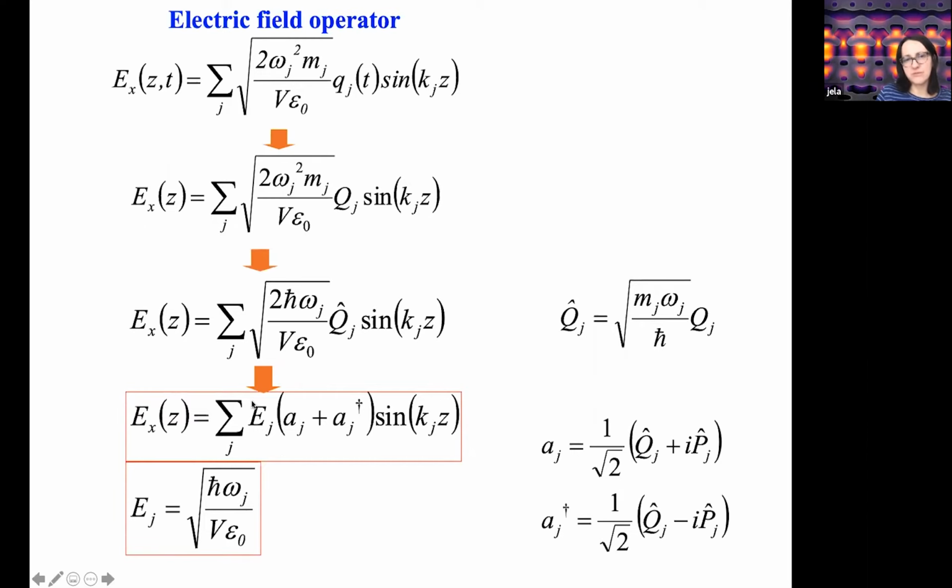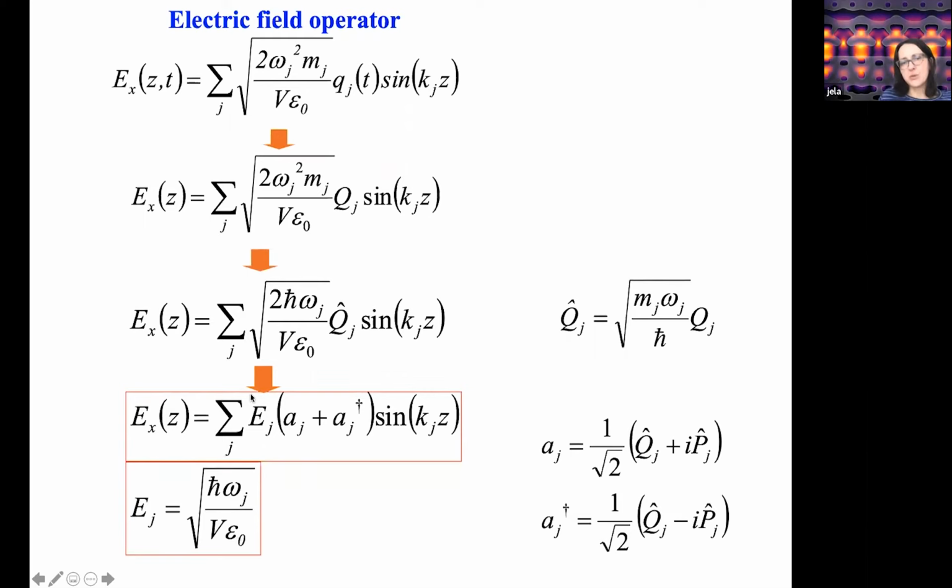So that's the meaning of this prefactor here, right? EJ, the normalization factor, comes from basically uniformly distributing a single quantum of energy, h bar omega, throughout the whole volume of a resonator. So if you have a smaller volume of a resonator, this prefactor is larger and your electric field operator is larger, which is already telling you why you want to minimize volume, right? If your volume of a resonator is smaller, this prefactor is larger and the operator is larger.